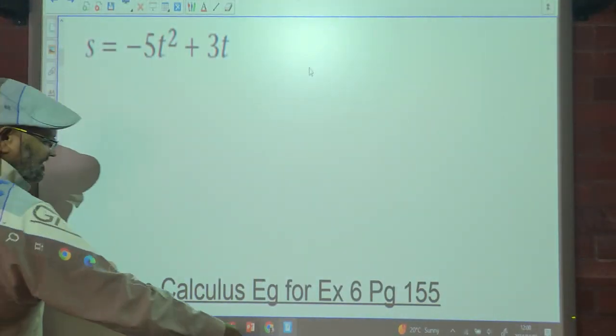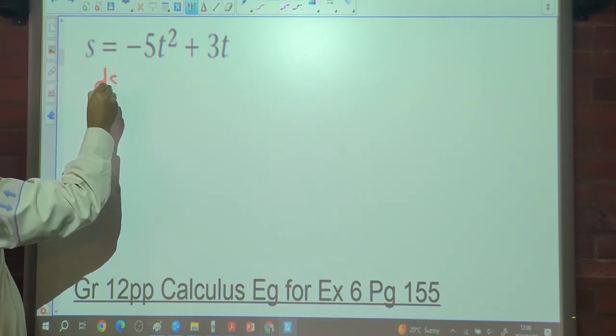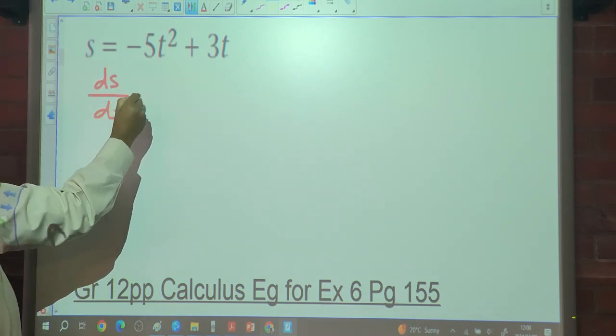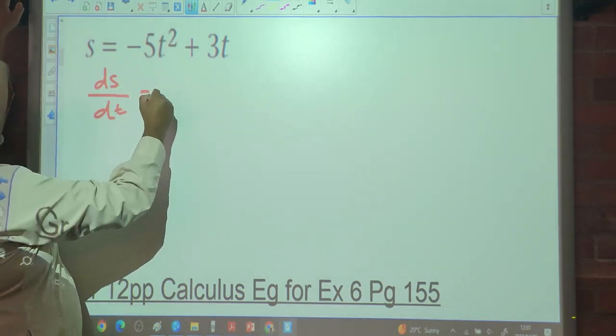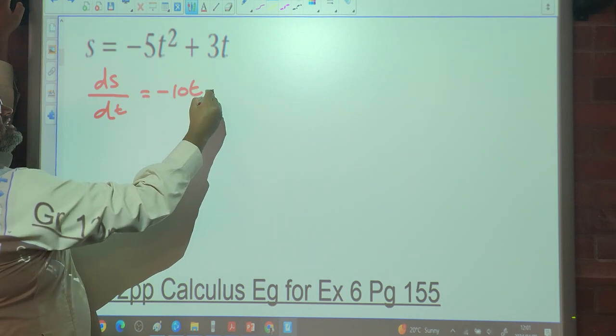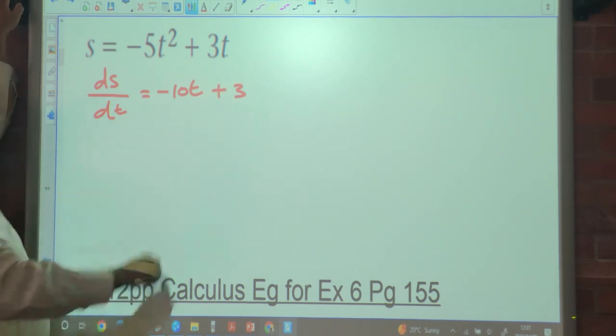Right, so what do we write here? The derivative of s with respect to t, you guys write that? Yes. Equals what? Negative 10t plus 3.